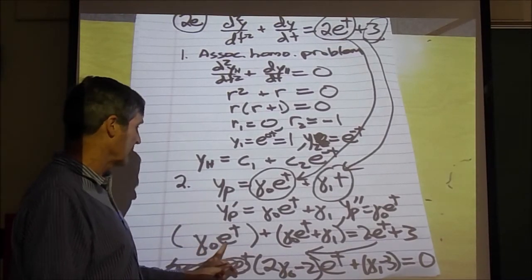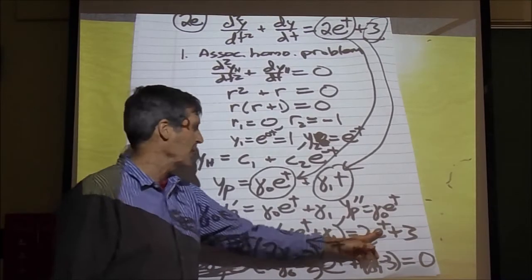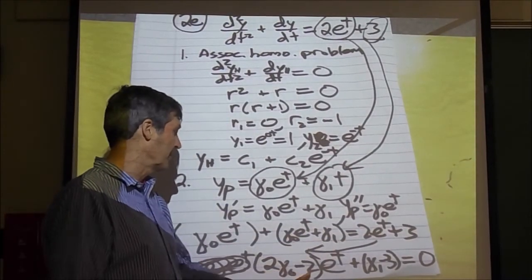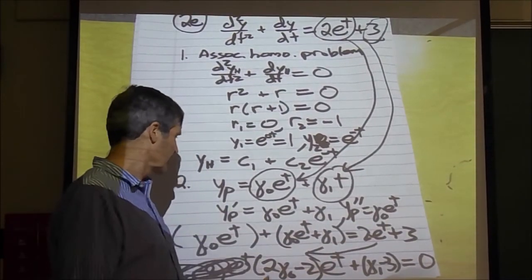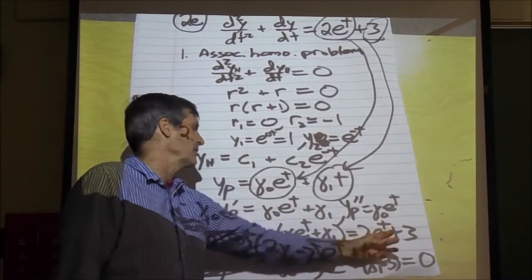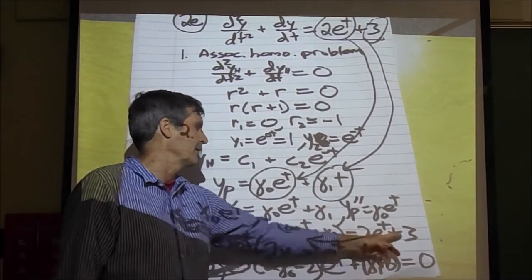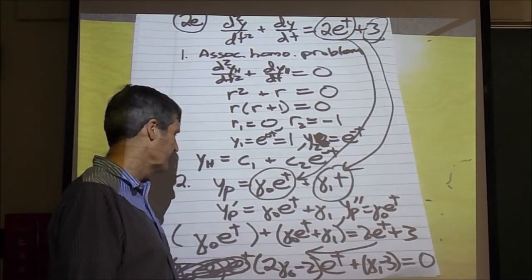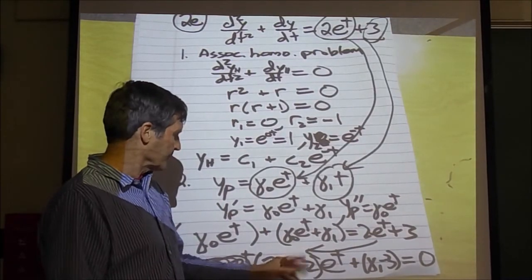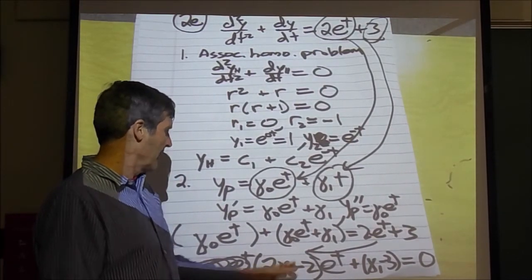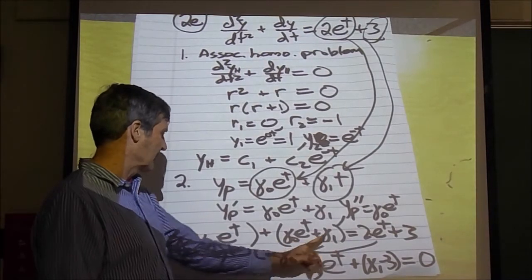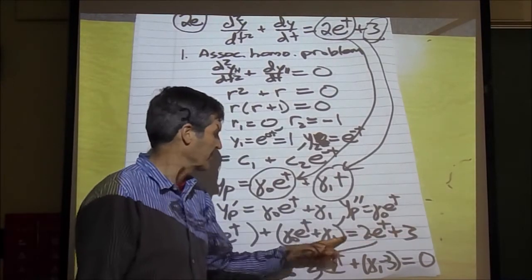So there's a gamma 0 e to the t, and if I subtract this one over, minus 2 e to the t. So these are all the terms with e to the t, once I move them over here, subtracting 2 e to the t plus 3 from each side. And then there's constant terms, right? There's gamma 1 and a minus 3 subtracted over.